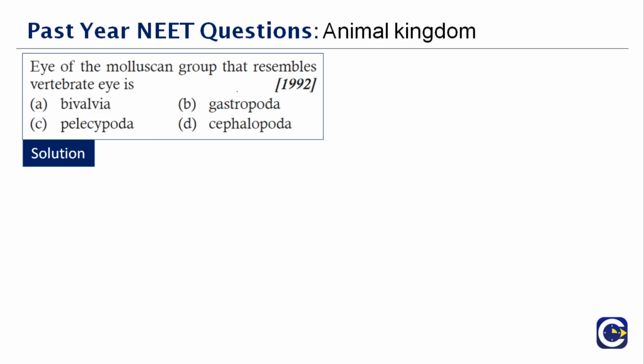Here I can give you some examples like octopus. Then some more examples also you have. They have given you the keyword Mollusca here, so it belongs to Cephalopoda. So the correct answer is cephalopoda.